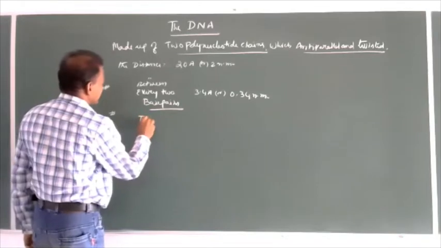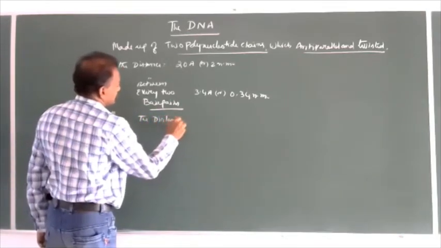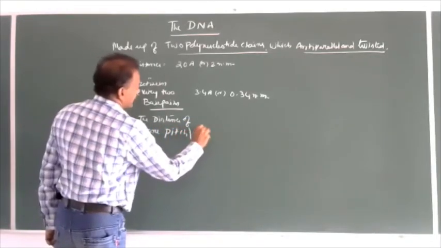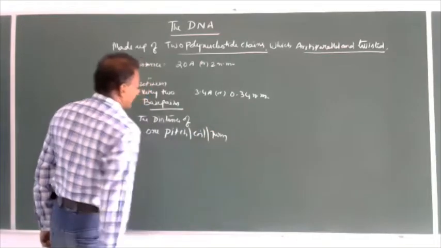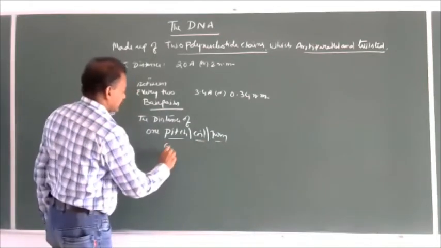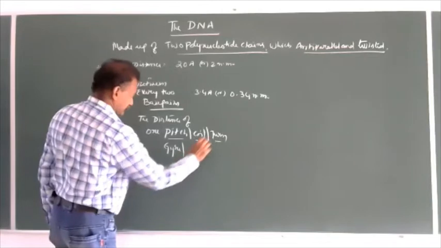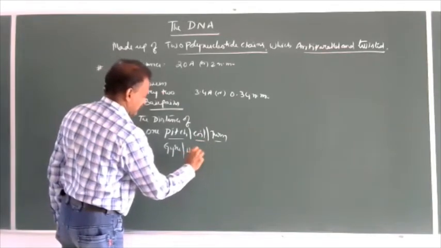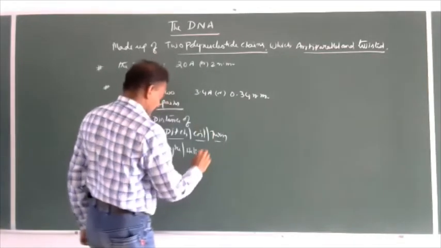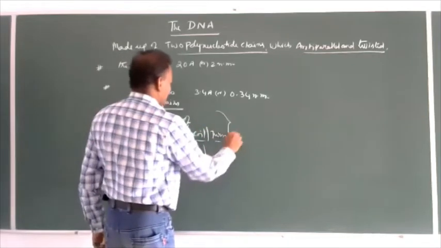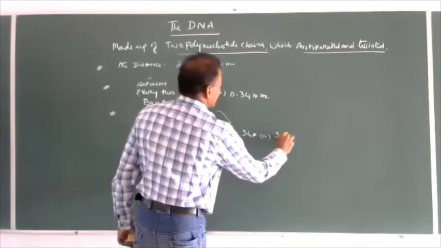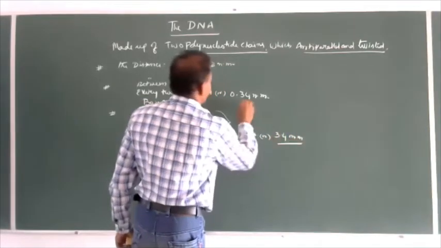The distance of one pitch or coil or turn or helix or gyre, I have given various names in the previous class, is equal to 34 angstroms or 3.4 nanometers.